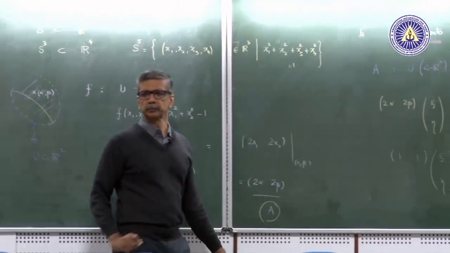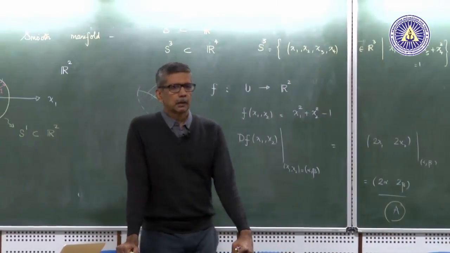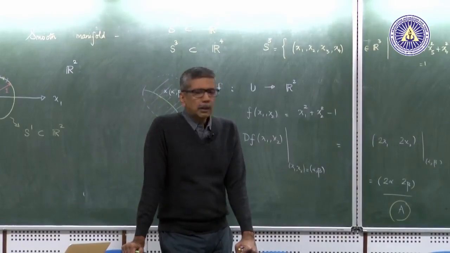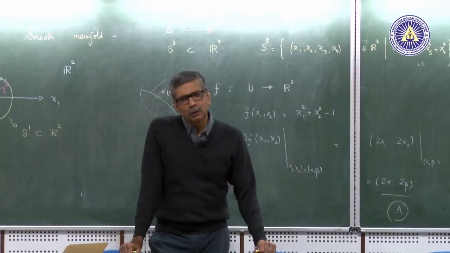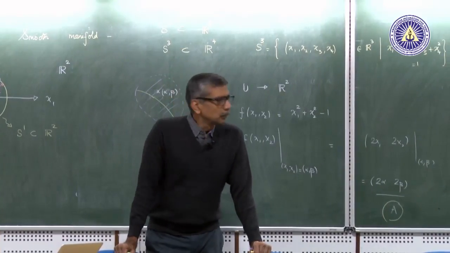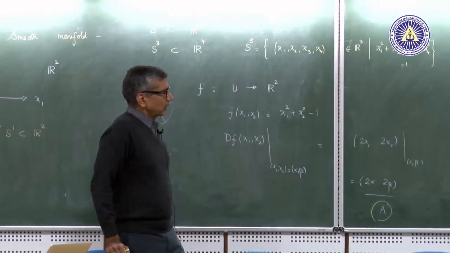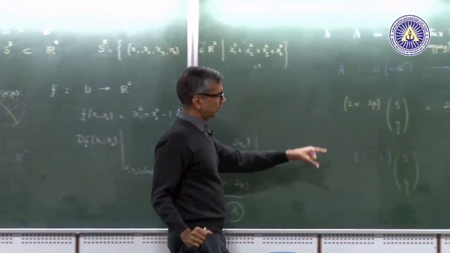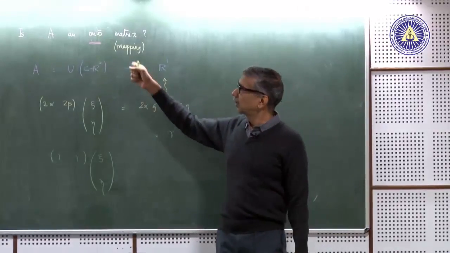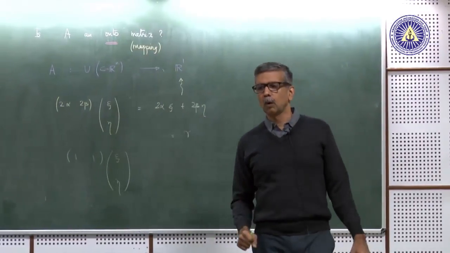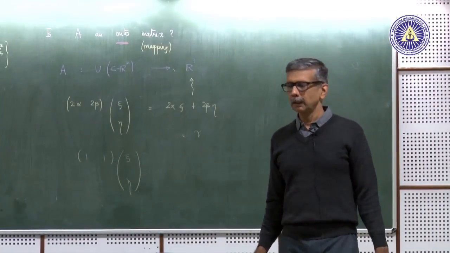Yes, whatever gamma you give me, I can always find a psi and eta to give you that gamma. Therefore, for this particular matrix, the matrix is called onto. It is called an onto matrix or an onto mapping.